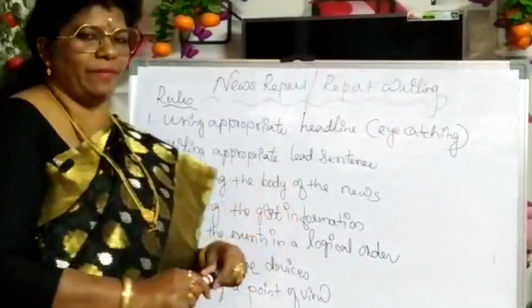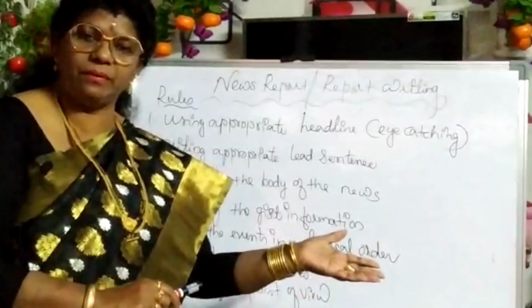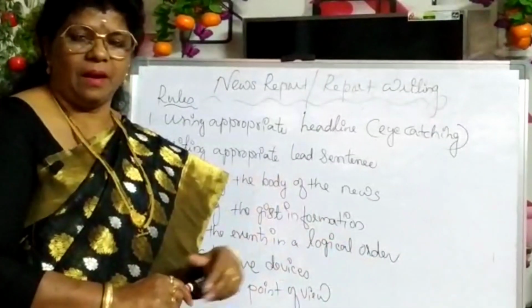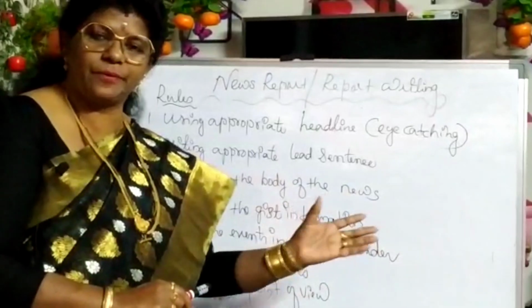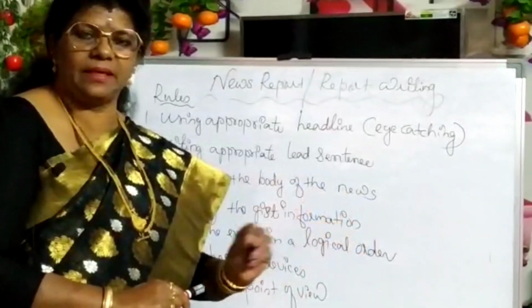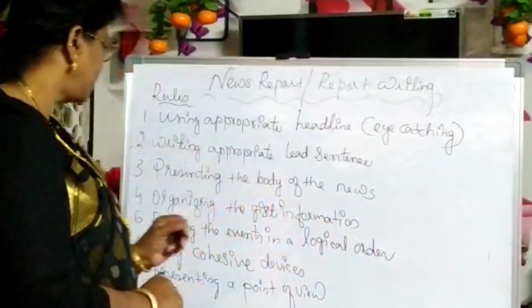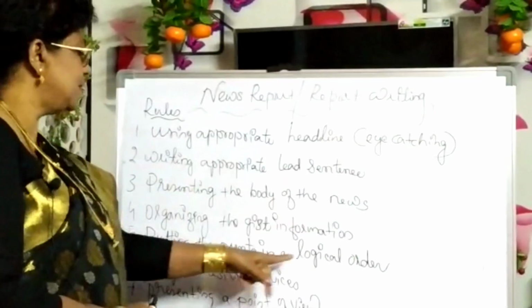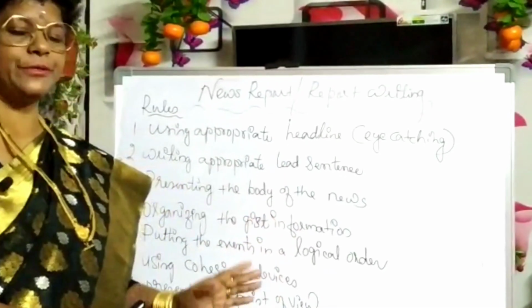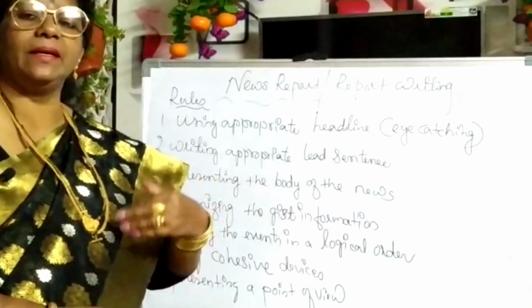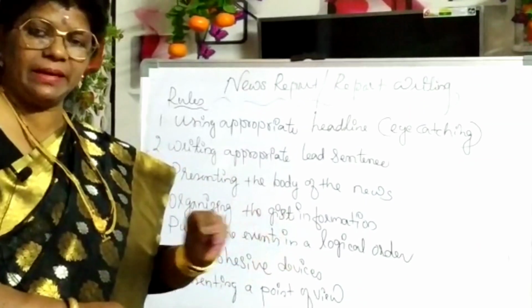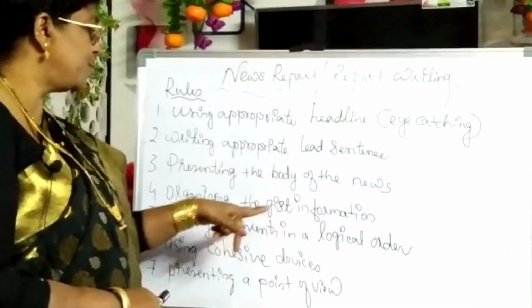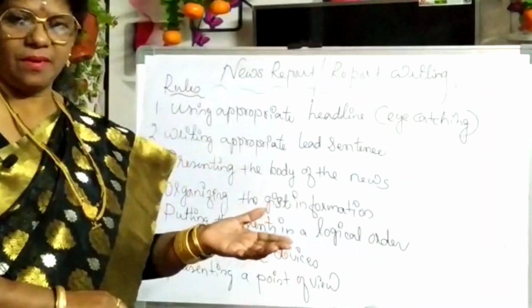Organizing the gist information, the essence, we have to use first. Unimportant things we are not supposed to write there. That is useless. Next one, putting the events in a logical order. It should be clear and it should be based on reasoning.